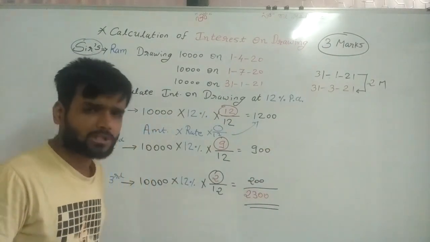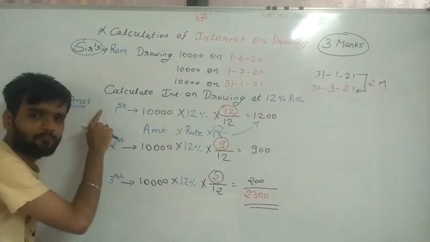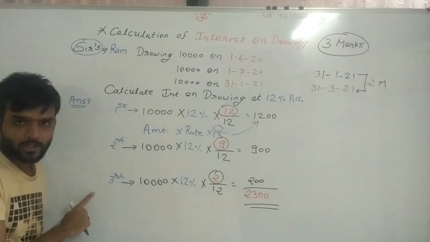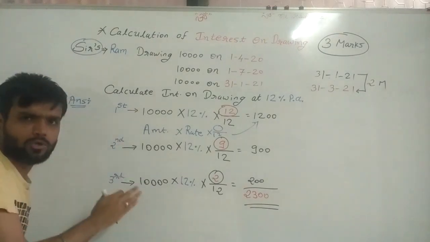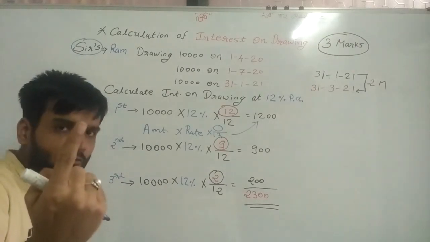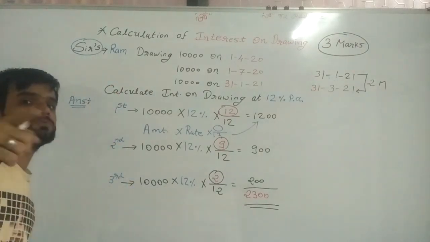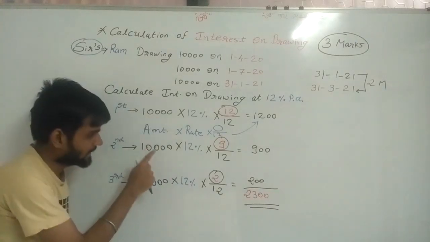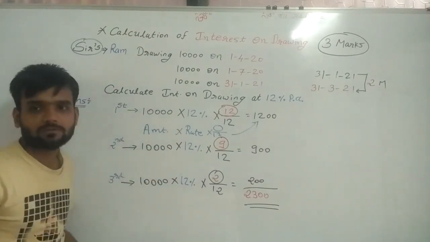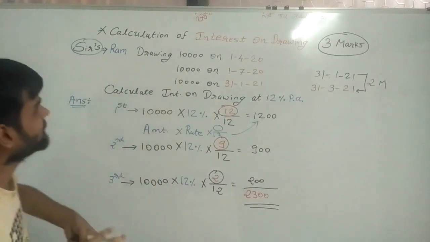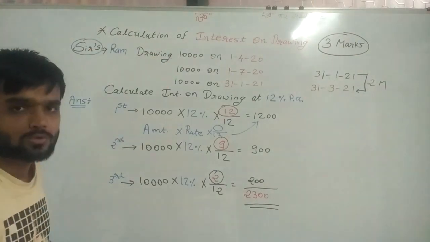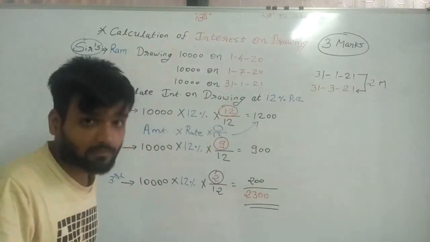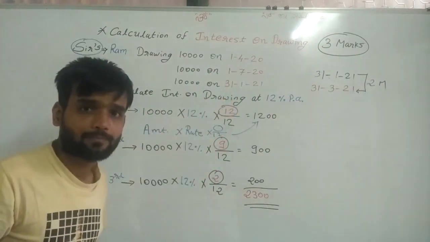But try to understand, if we don't want to do 3 different calculations, we can do this particular sum in one calculation. And when it is possible, just try to understand, please. 10,000 rupees, 10,000 rupees, 10,000 rupees: Ram withdraws the same amount, only the dates change. Otherwise the amount is the same.